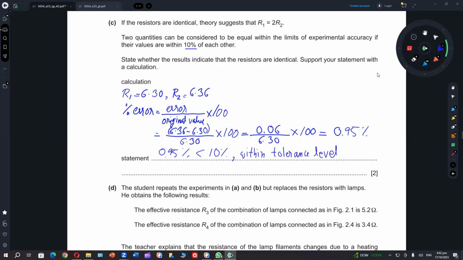So it is within the tolerance level. The resistors are identical.